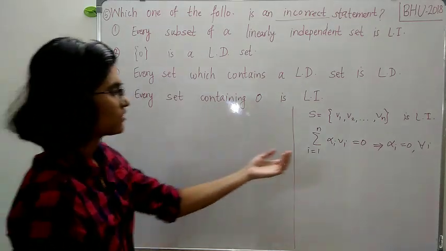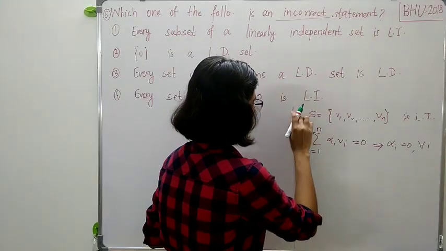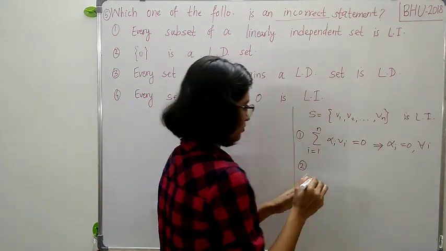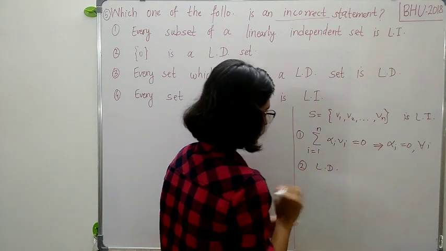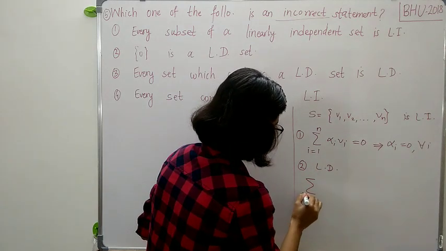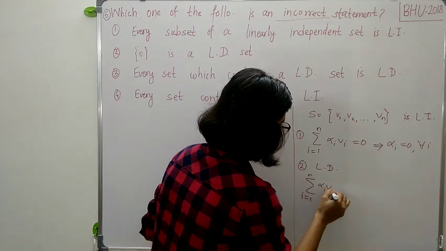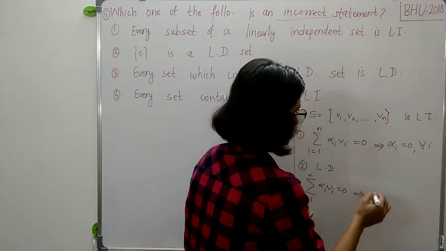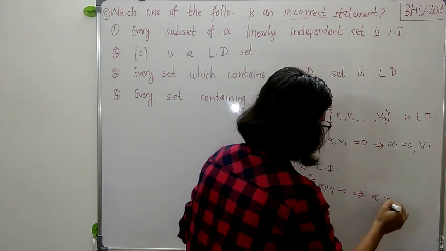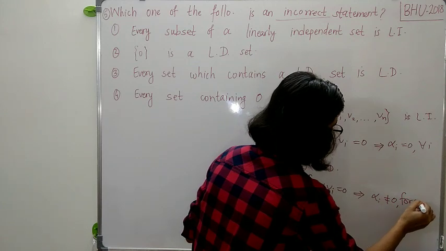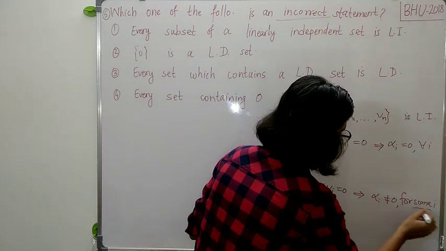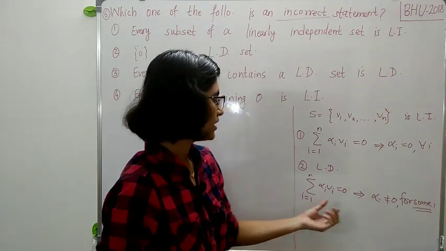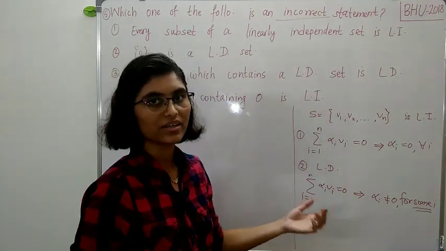Now similarly, the definition of a linearly dependent set is, suppose we take the linear combination sum of alpha i Vi equal to 0, and in this linear combination suppose there is some alpha i which is non-zero, that means for some i this scalar is not 0, then we say that this S is a linearly dependent set.